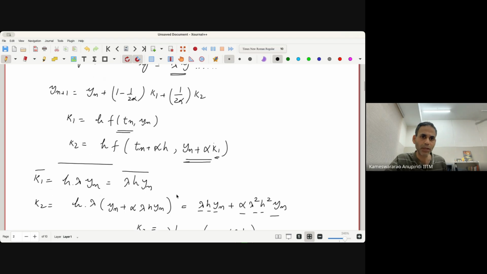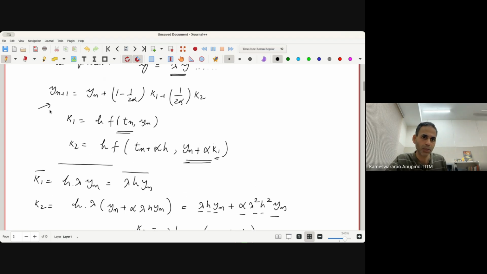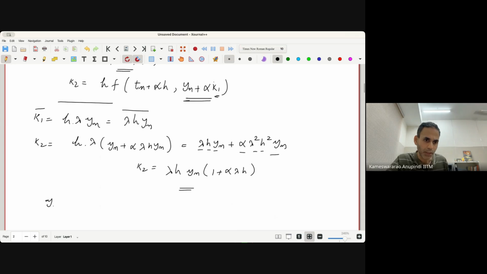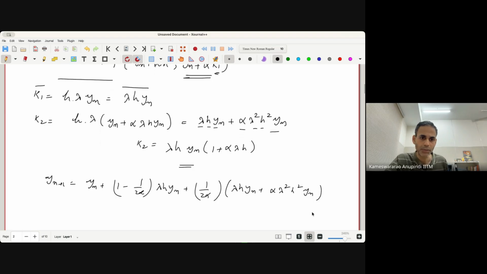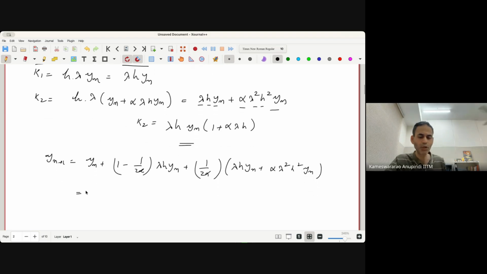So if I substitute for k1 and k2 back into the yn plus 1 equation, what I get is yn plus 1 equals yn plus 1 minus 1 by 2 alpha times k1, that is lambda h yn, plus 1 by 2 alpha times k2, which I can even leave as it is, lambda h yn plus alpha times lambda square h square yn. Let me try to simplify this. I'm applying the RK2 method to this model problem, y prime equals lambda y.